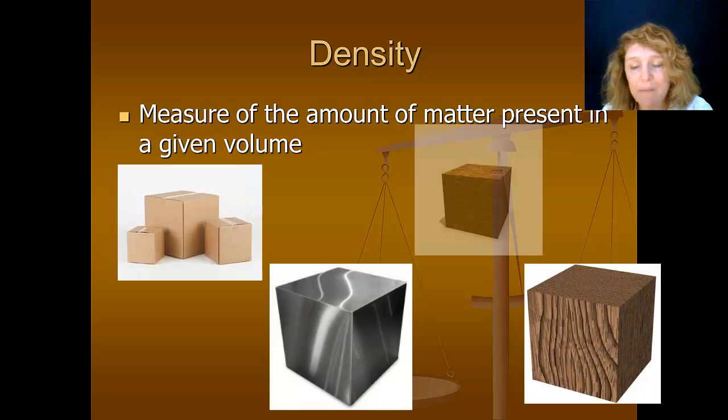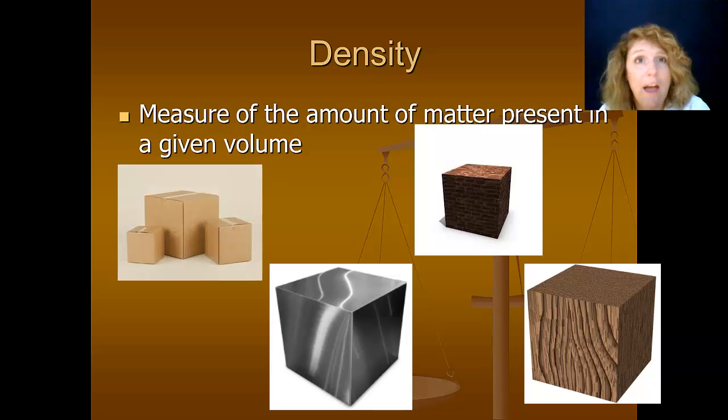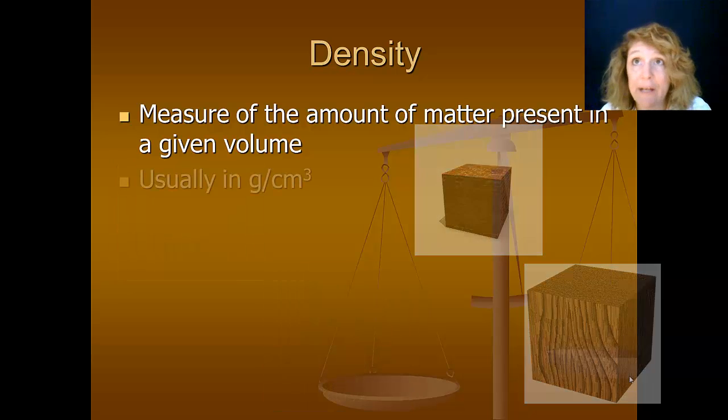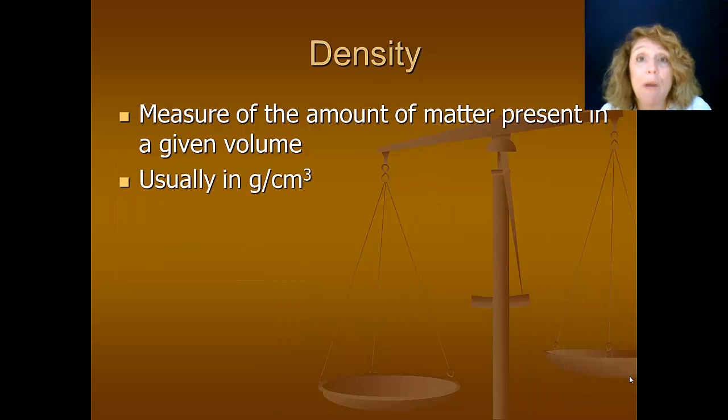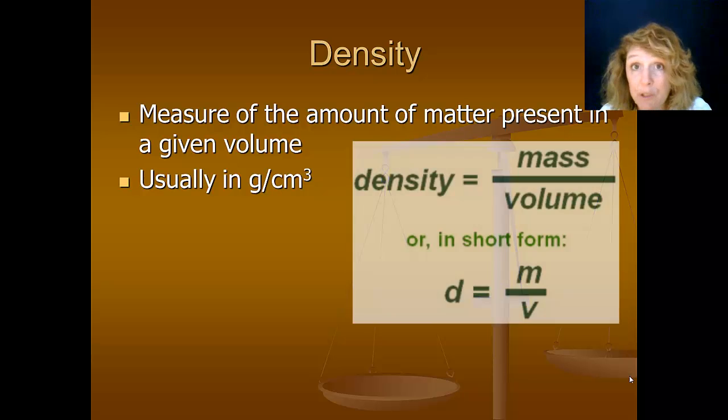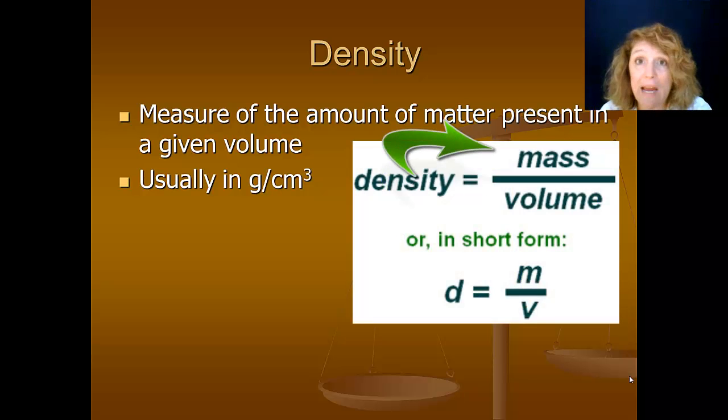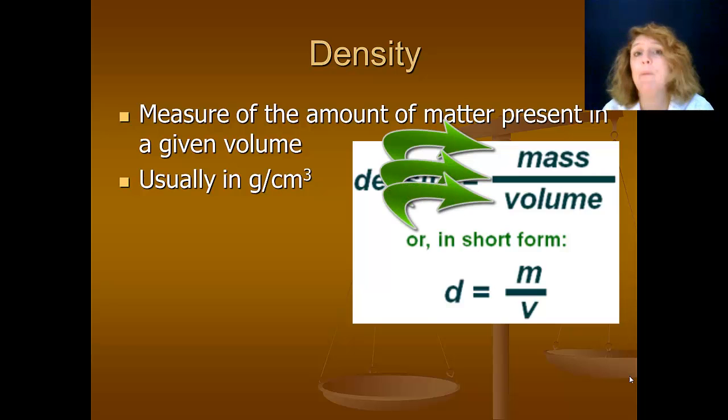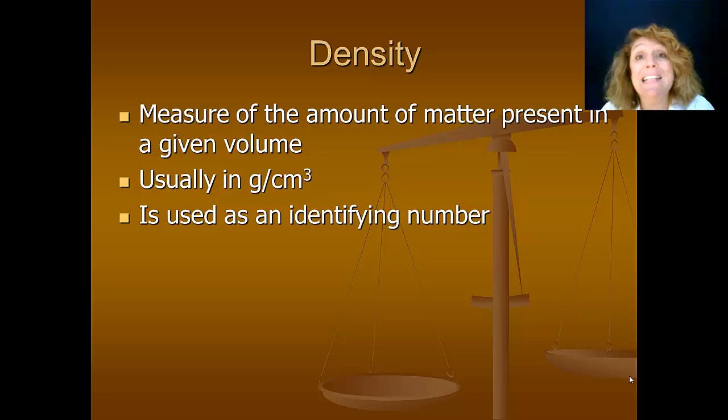That means the atoms that are in there are large and they're really close together, okay? We measure density in grams per centimeter cubed because it's the weight per how big it is. And this is usually a number that we can identify something with.